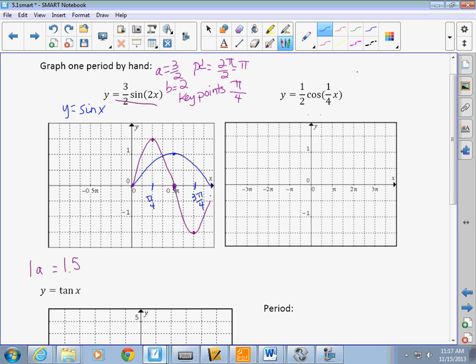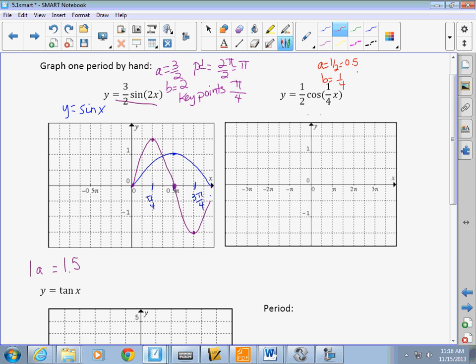So y is equal to 1/2 cos 1/4 x. So my A value here, if this was a negative, then it would flip it, but it's not a negative, so it stays. My b value is equal to 1/4.